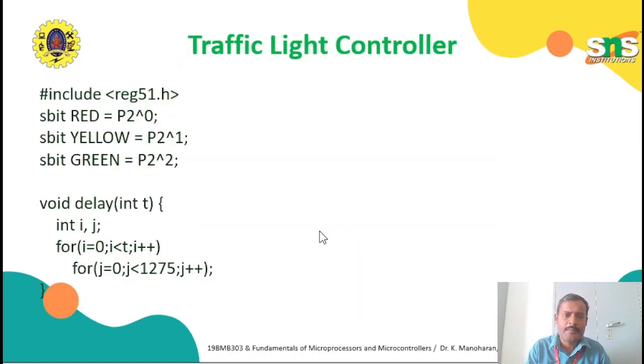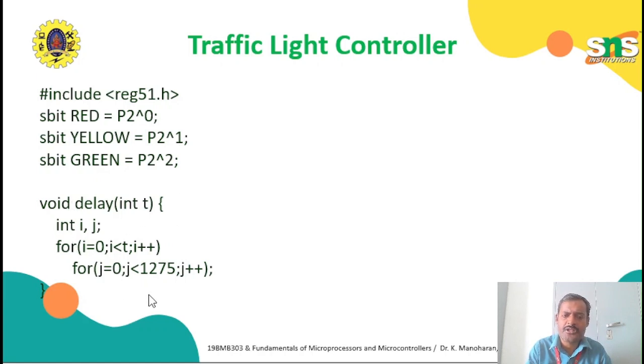Look at these programs. I am considering only one direction, taking 3 lights. Port 2.0 will be for red, port 2.1 for yellow, and port 2.2 for green, so I am taking port 2.0, 1, 2 for 3 LEDs. I am taking this delay very simple. I am taking 2 for loops.